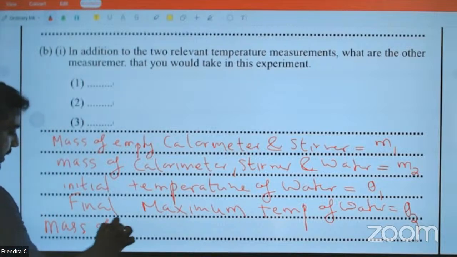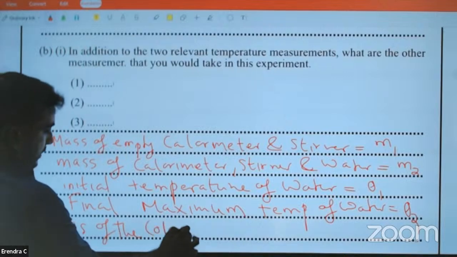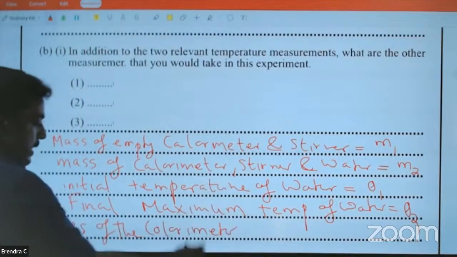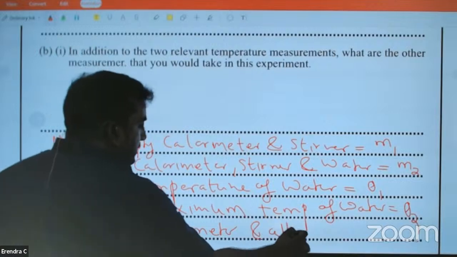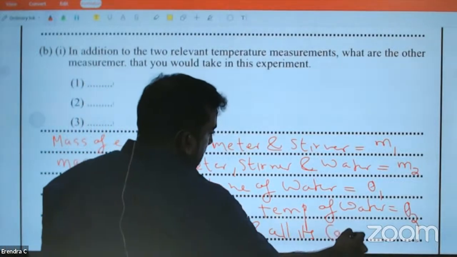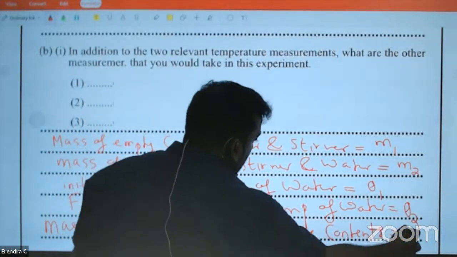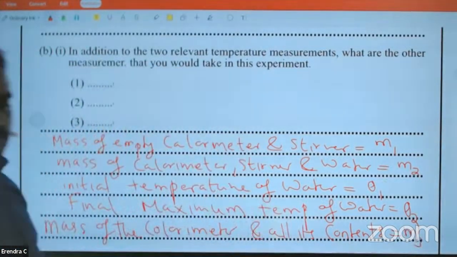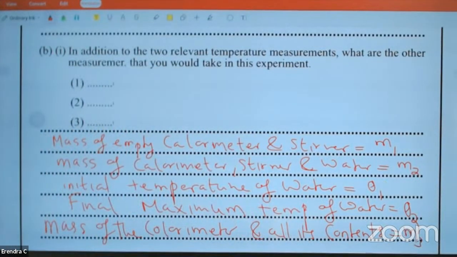Then the mass of the calorimeter and all its contents, M3. Final mass of calorimeter and contents.